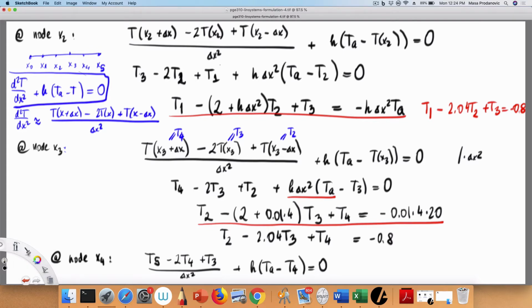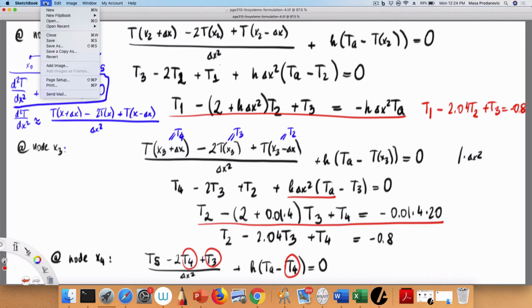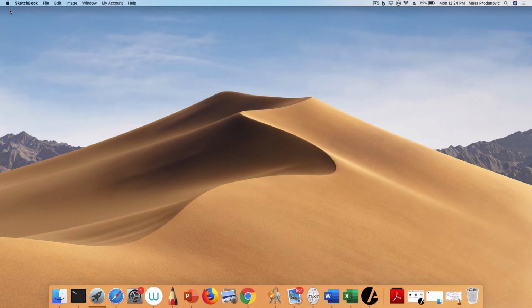What I don't know in that one are T3 and T4. T5 I know, so it's going to have to go on the right-hand side, right? Any questions on the way they're set up? Okay, so I'll just give you how it looks when it's cleaned up, which is somewhere in my notes. There we go.